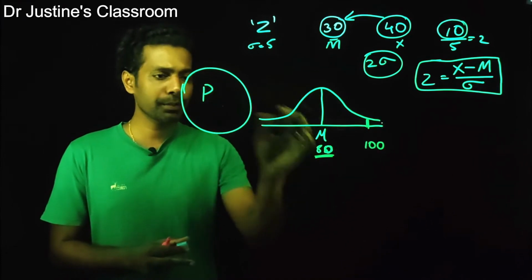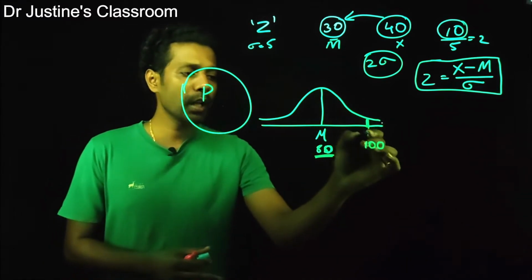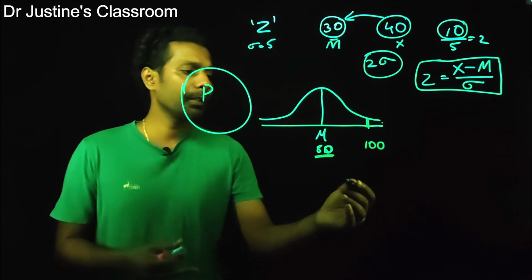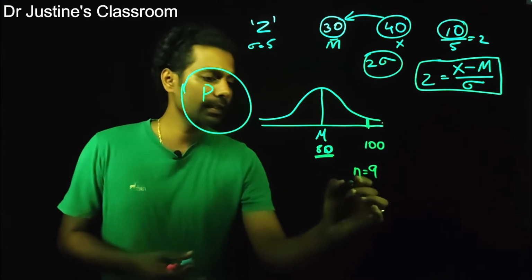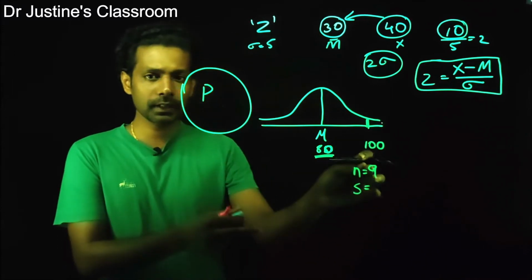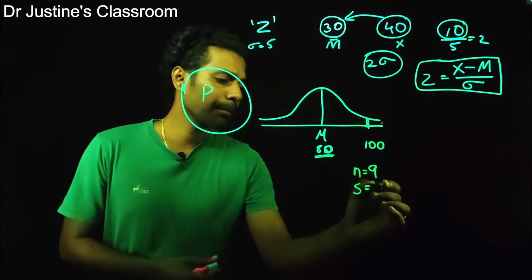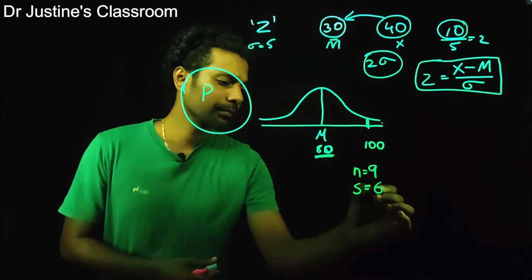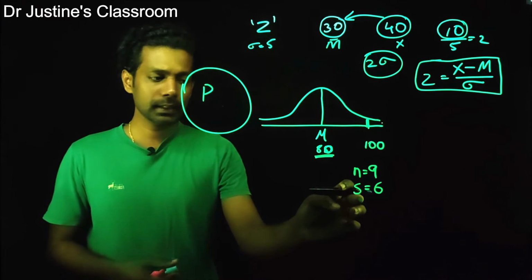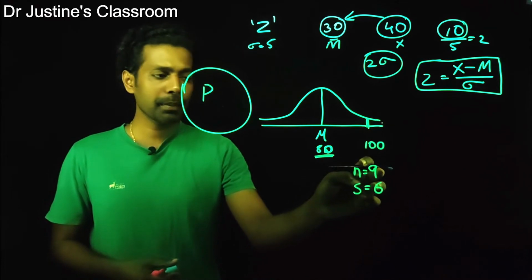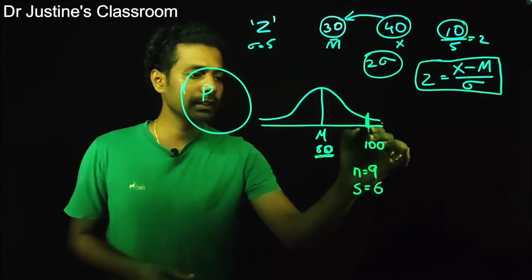The population mean and the sampling distribution mean, you are aware of that, and you have a sample of 9 members, and the standard deviation of this sample is 6. The sample has 9 members and the average is 100. So this is the condition.